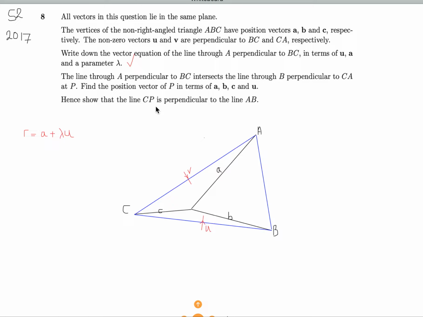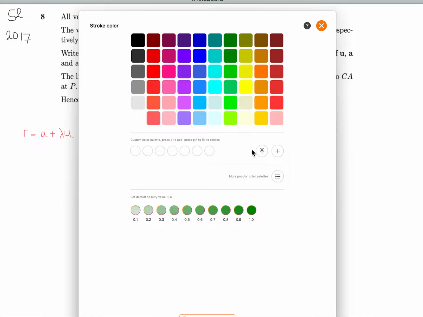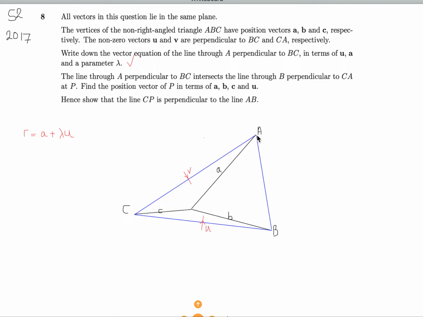The line through A, perpendicular to BC, intersects the line through B, perpendicular to CA. Find the position vector of this intersection point. Let's put these points in. We've got a line that passes through A, and another line which passes through B and is perpendicular to CA.